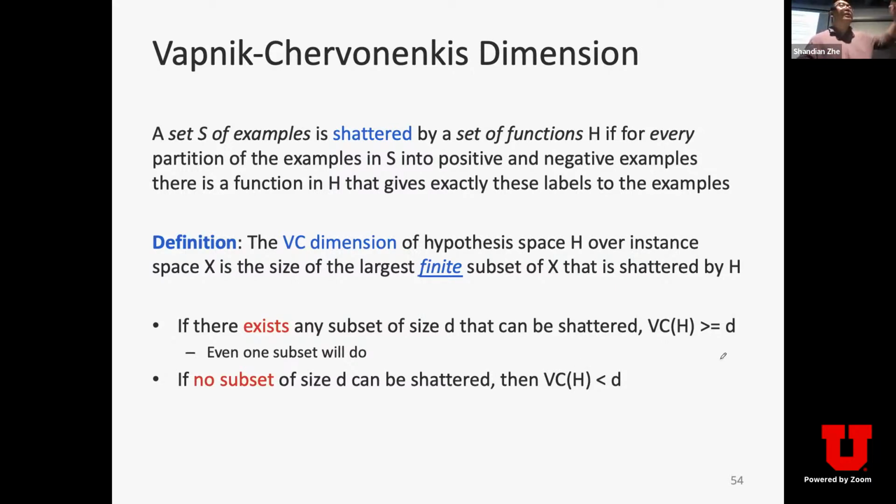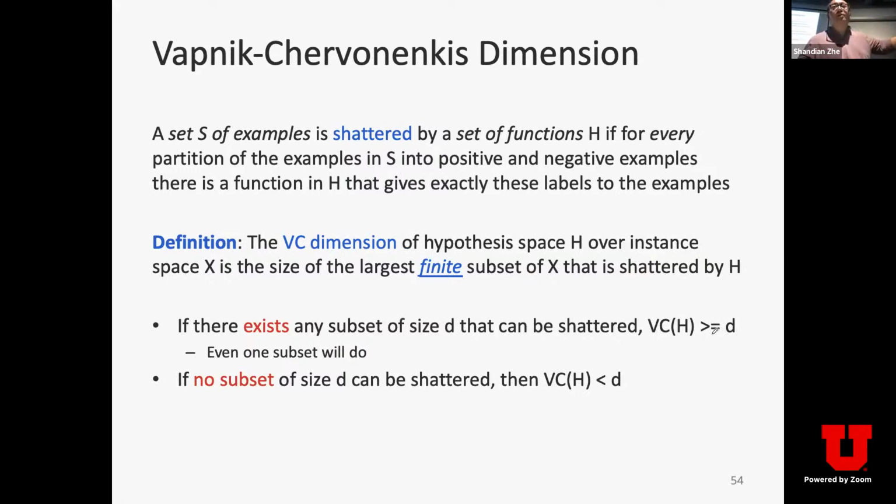And then I increase the number of points in the instance space to 2. If I can find one particular pair of points that can be shattered by my H, then we claim that the VC dimension is at least 2.